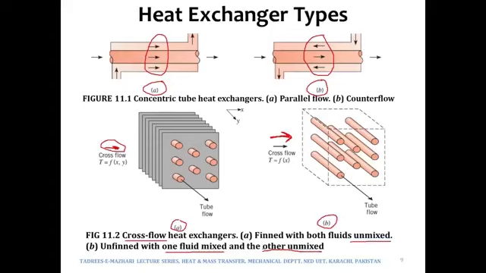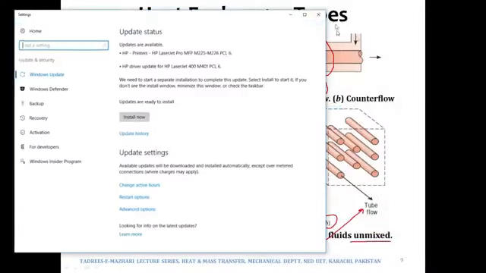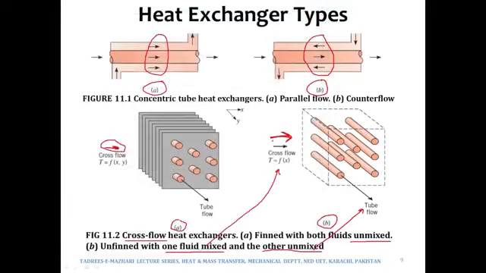One fluid unmixed refers to this tube flow, where the direction of the fluid through the tube will remain fixed, whereas mixed refers to this particular case where the fluid will not be able to keep that particular direction all the way through.